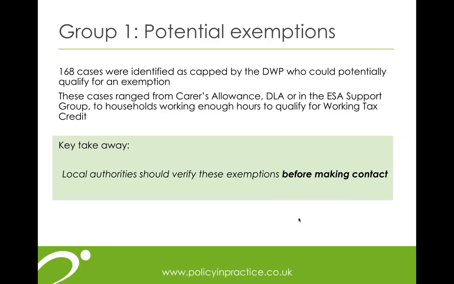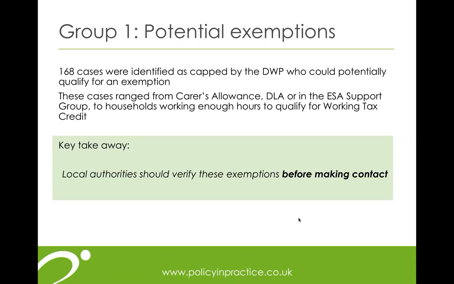So we triangulated this DWP scan with other information on the SHIBI and our own analysis that our software is able to generate. And we identified 168 cases identified as capped by the DWP, but that could potentially qualify for an exemption.